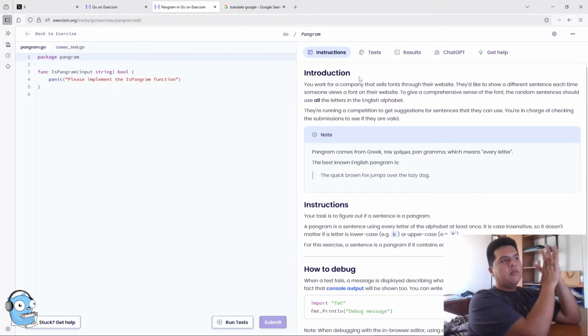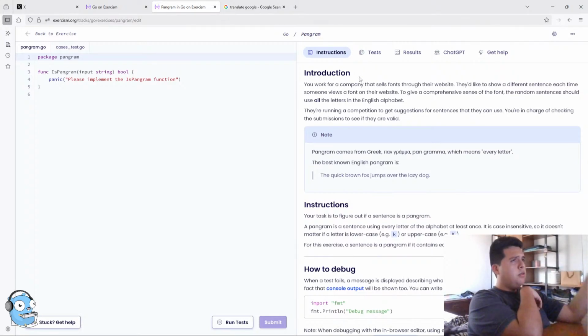You work for a company that sells fonts through their website. They like to show a different sentence each time someone uses a font on their website. To give a comprehensive sense of the font, the random sentence should use all the letters in the English alphabet.